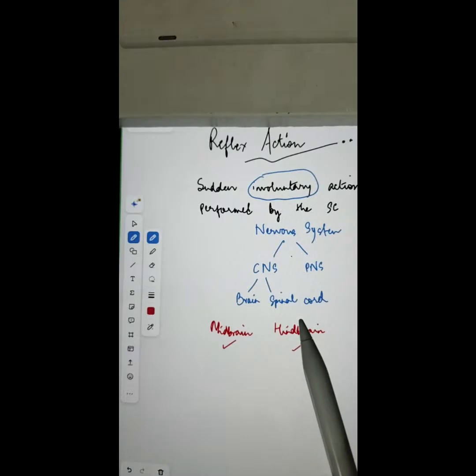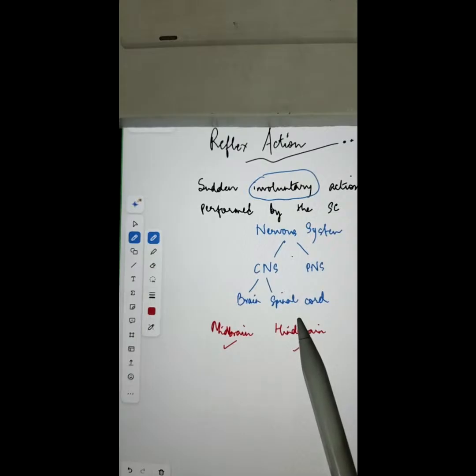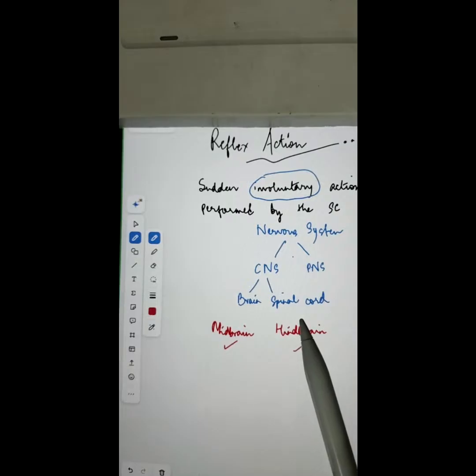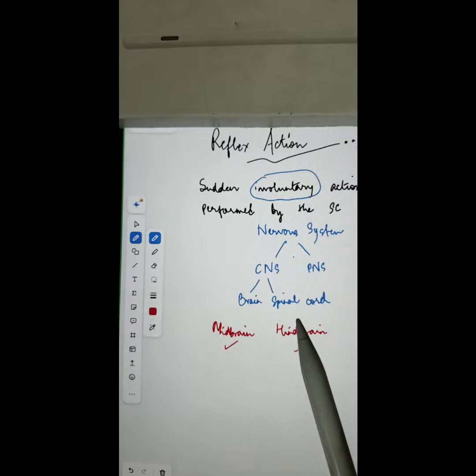The forebrain requires maximum time for processing information, so it is not going to help in reflex action, but the midbrain, hindbrain, and spinal cord definitely will. This action has to be performed in a quick span of time so that if the situation is critical, a person can save himself or herself.